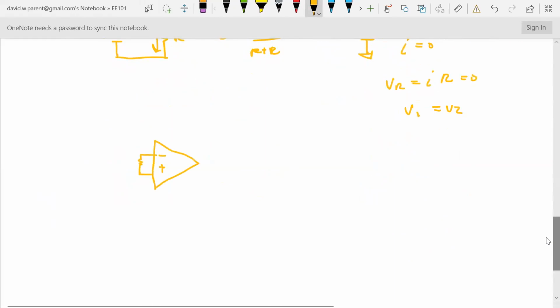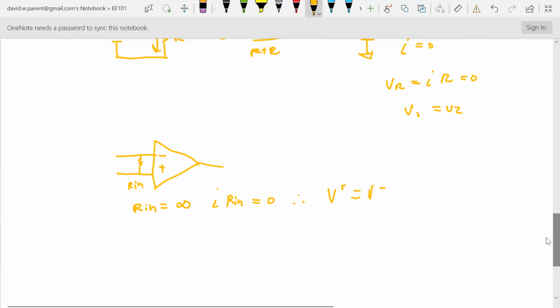They say there's an Rn here, okay? And then they say that Rn is infinity, right? That means I times Rn equals 0, which then means V plus equals V minus.